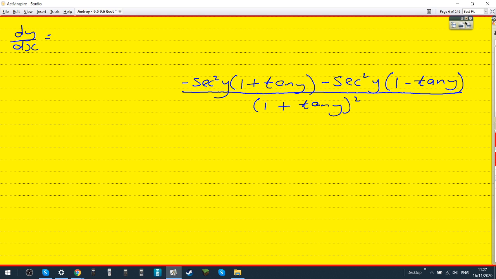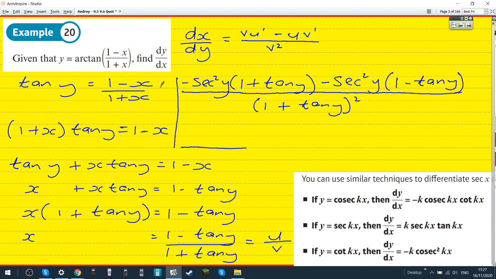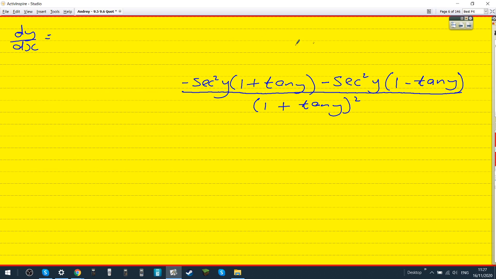And if we go all the way back, we said tan y is 1 minus x over 1 plus x. Does that help? What can we write instead of tan y?